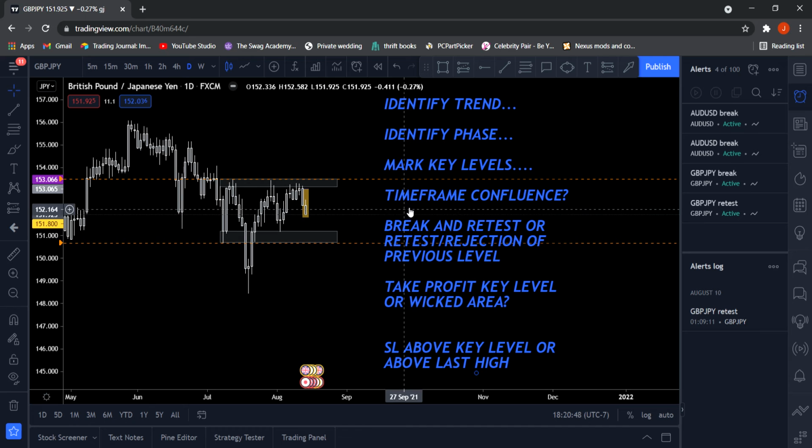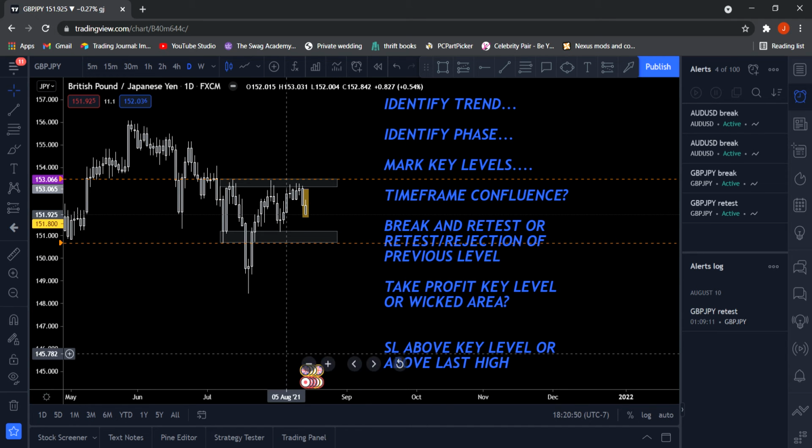The next is a new one that I added to my trading plan: time frame confluence. I never actually did this before. I was watching some videos and it helped me out, and it really helped out with this trade a lot. Time frame confluence is basically the higher time frames being in confluence with the behavior time frames and the entry time frames.